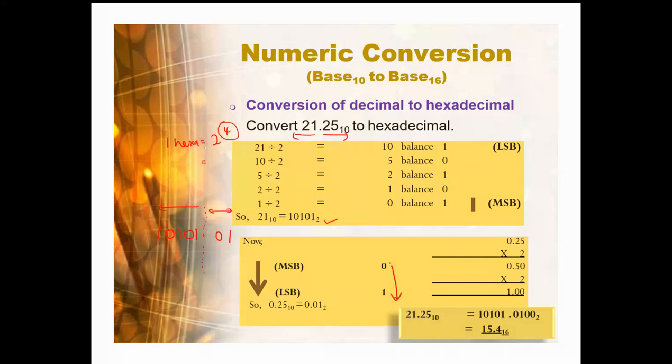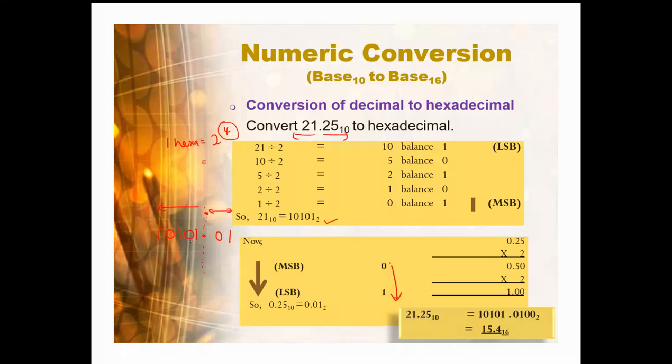So therefore bila kita nak convert daripada binary kepada hexa, you kena convert 4 digit. Every 4 digit equivalent to 1 hexa. So from here kita buat beza dia, from right to the left. Bila kita cut, it must be left to the right.